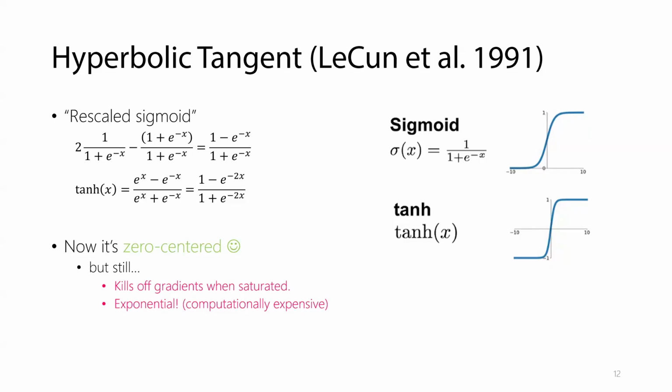All right. So out of all the problems associated with sigmoid, we still have the issue of this narrow band of non-zero gradient region. We also have the issue of having to compute the exponential, but at least one problem is gone.